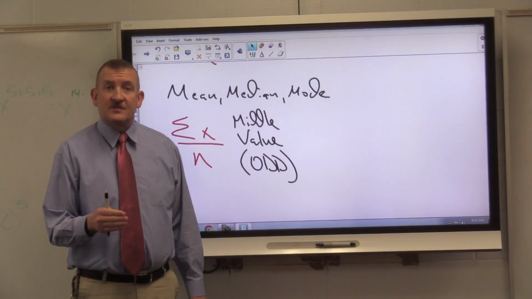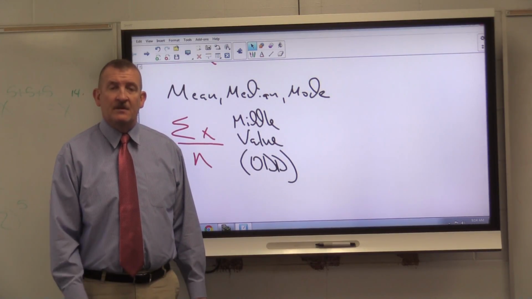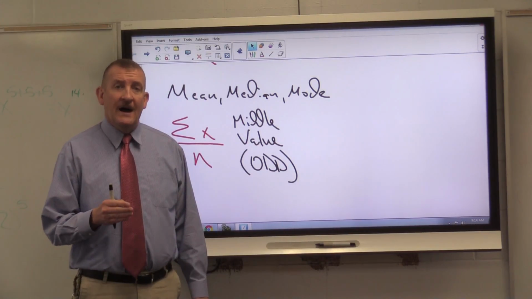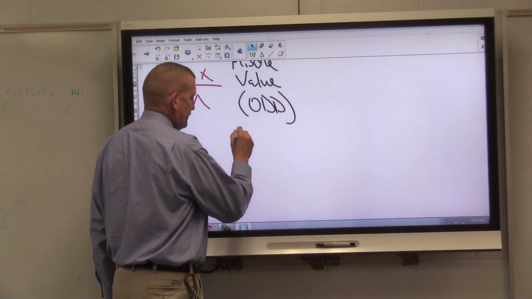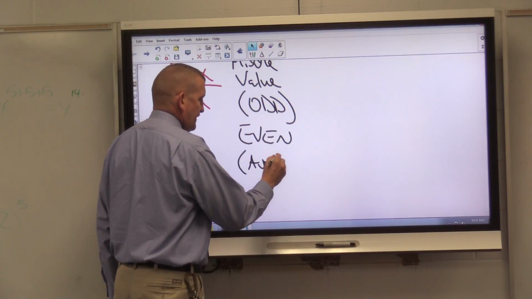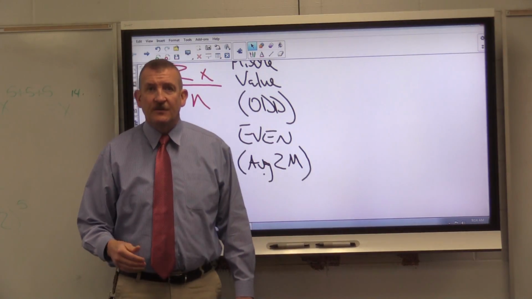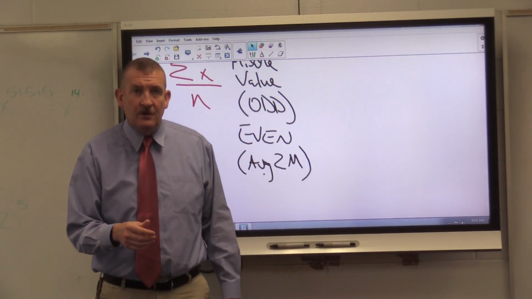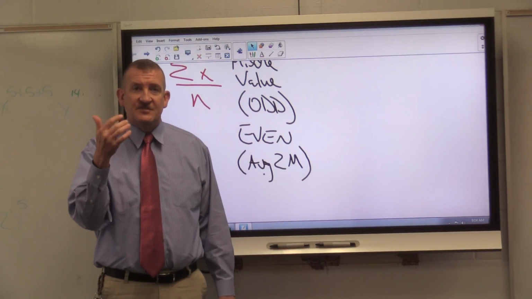We talked about the simple data set 1, 2, 3, 4, 5. There are 5 numbers in that data set. Your median is 3. But if it's an even number data set, it's the average of the two middle numbers. The simple example I'll use is the data set 1, 2, 3, 4, 5, 6.